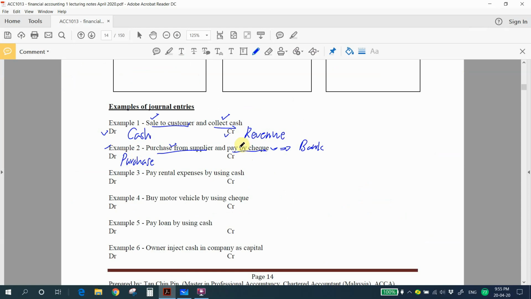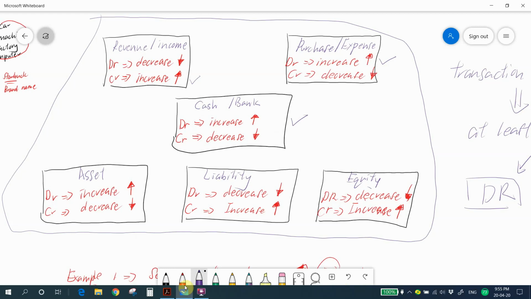Next, let's look at payment by check. We know check means when we issue a check to our supplier, we use the bank balance to make the payment. So when you make payment to your supplier, will your bank balance increase or decrease?